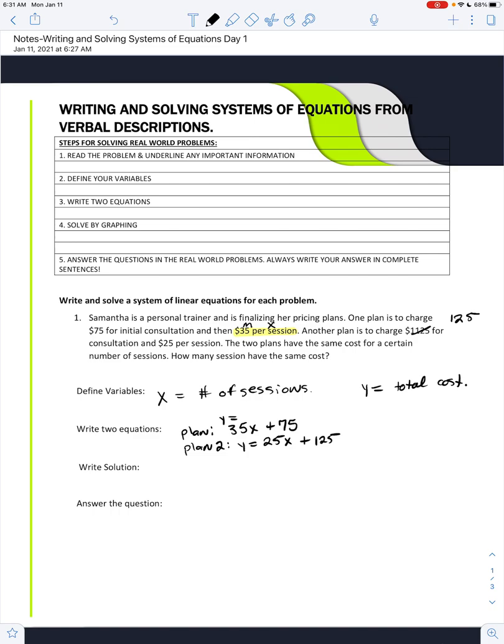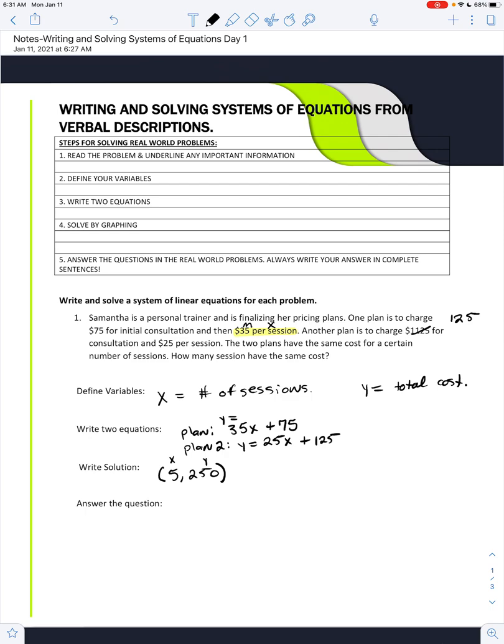I'm going to give you a second to do that. And our solution appears to be 5, 250. You may be wondering what that means, but remember this is an ordered pair, so 5 is our x, y is our 250, right?